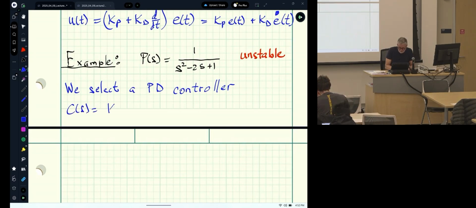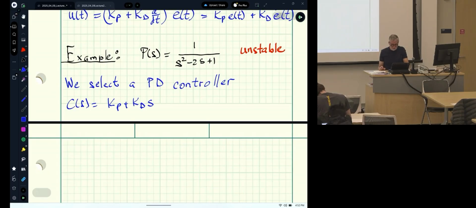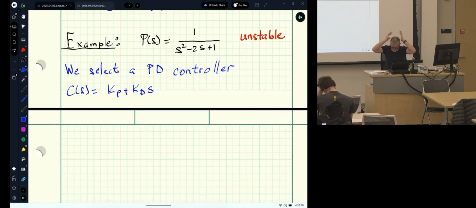So C of S is KP plus KD times S. So we're going to write down the PD controller enough times to where it's like, okay, I got it. You don't have to write it down again. As soon as you say PD, I think KP plus KD times S. That's a PD controller. Proportional plus derivative, and the derivative is S.